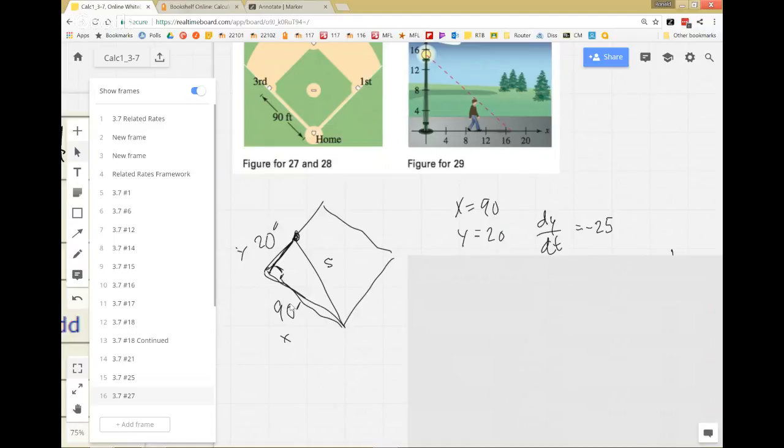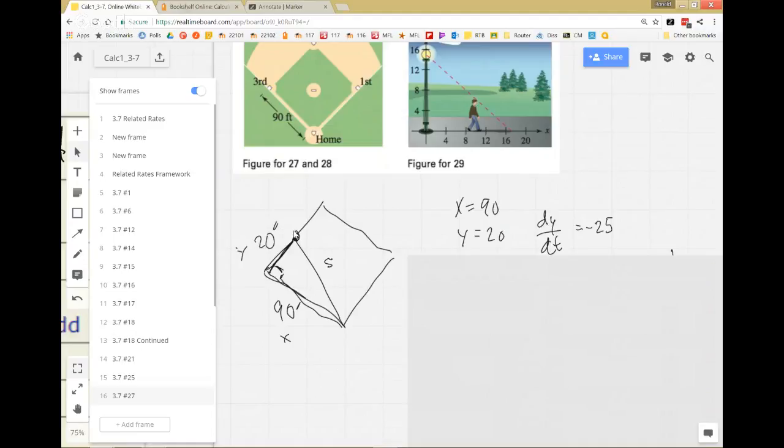And then of course, we've got the 90-foot distance to home, and S is the actual distance he is from home plate at the moment. So here's the picture we need. So X, actually it's not a variable, it's a constant, 90. In our problem, he never gets past third base. So 90 is just going to stay there.